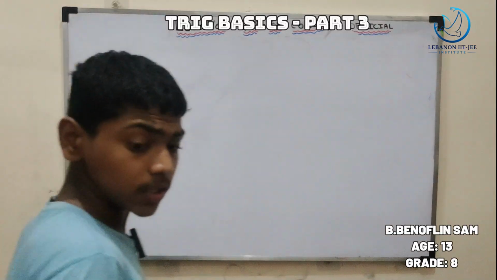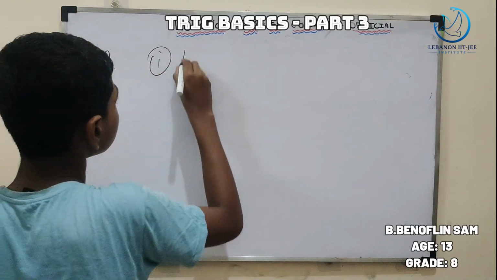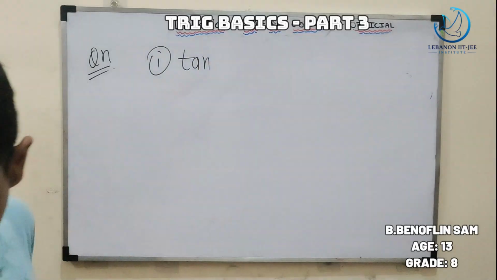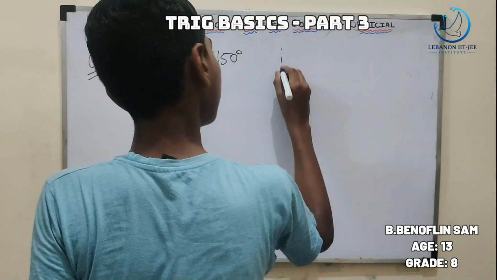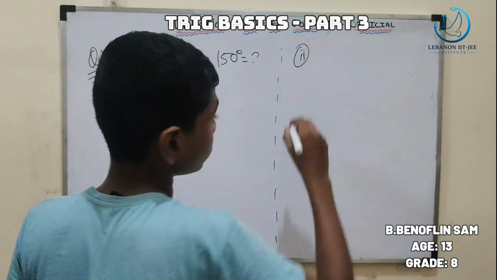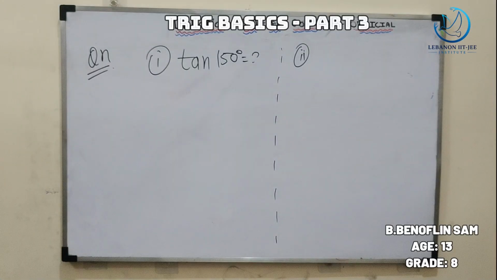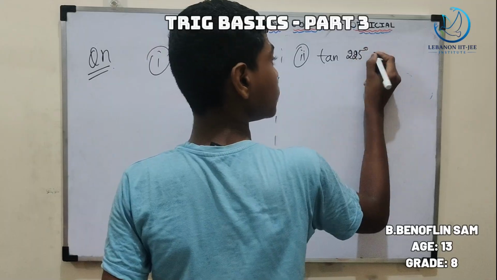I'll give only one question, and then the next question you can solve by yourself. The first one is tan 150 degree. The second one is tan 225 degree, equal to what?